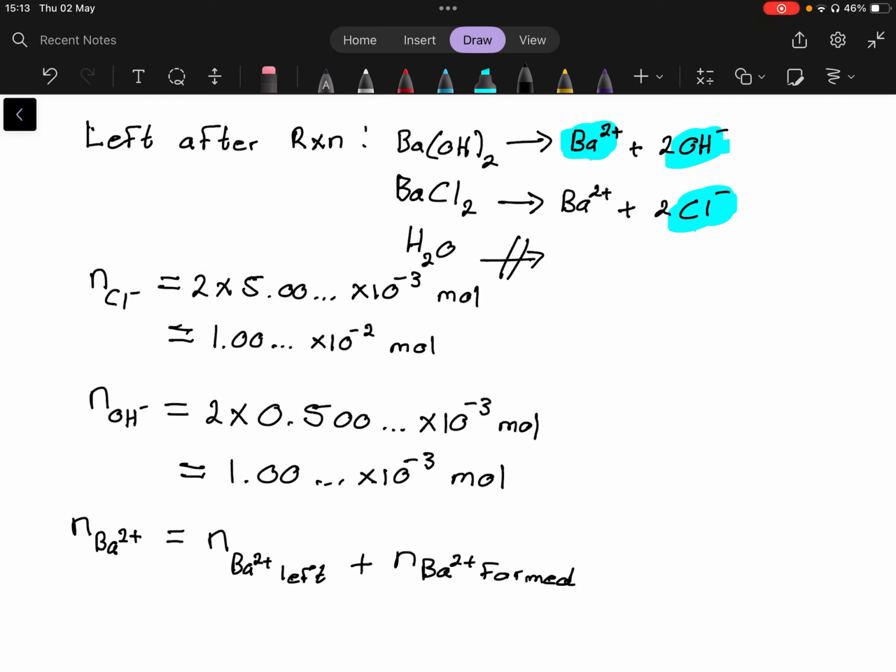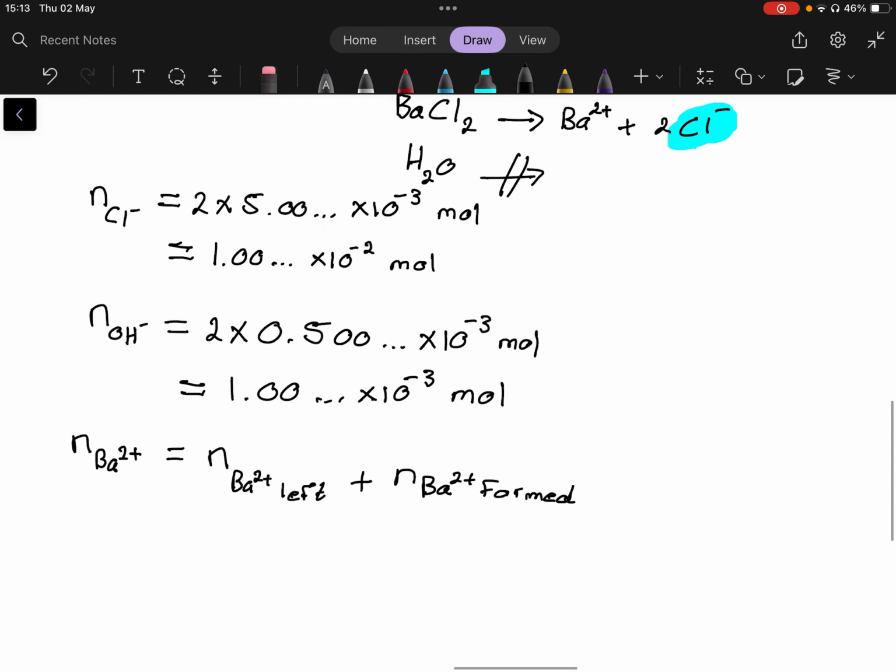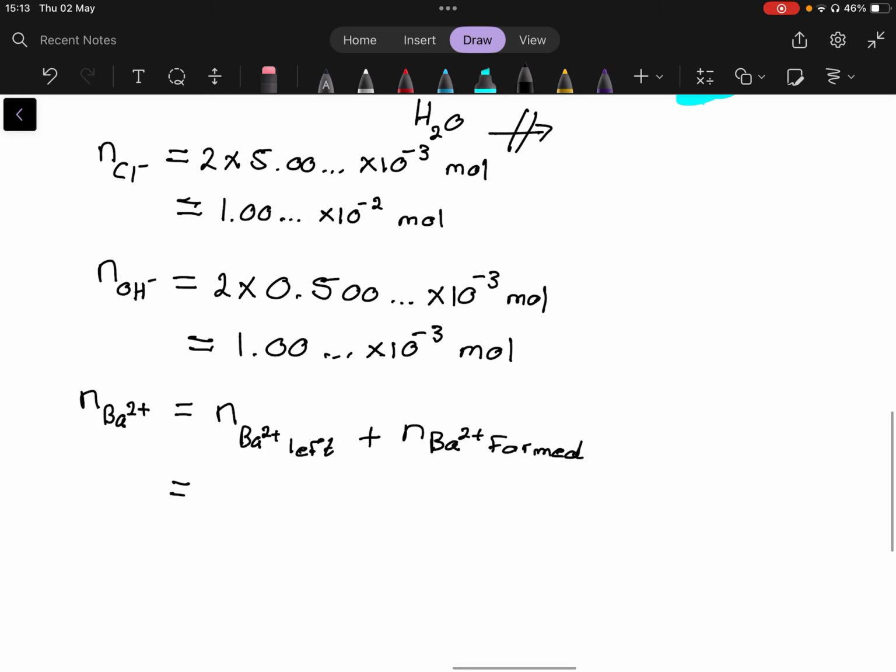And the formed refers to the amount of barium now trapped in the chlorine, or the BaCl2. And that should actually just add up to its original value.